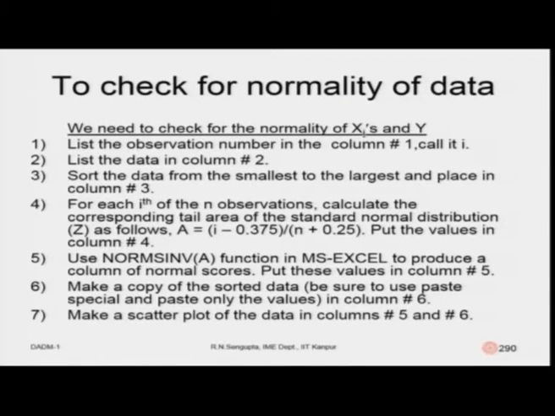Now, for each i in the first column of observations, we find the corresponding tail area of the standard normal distribution using the formula A equals (i minus 0.375) divided by (n plus 0.25), and then you use the NORM.S.INV function of A to find the values in column 5.